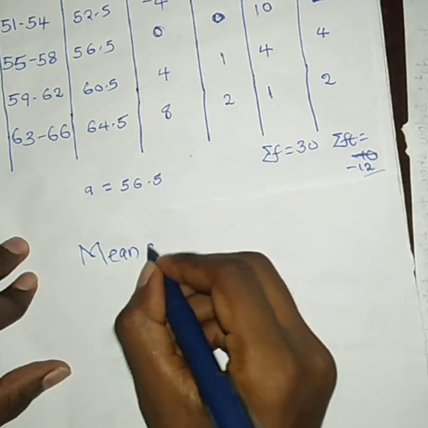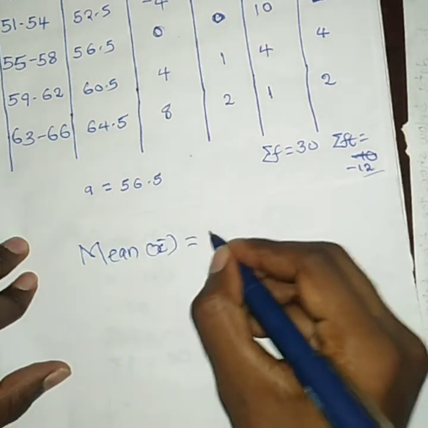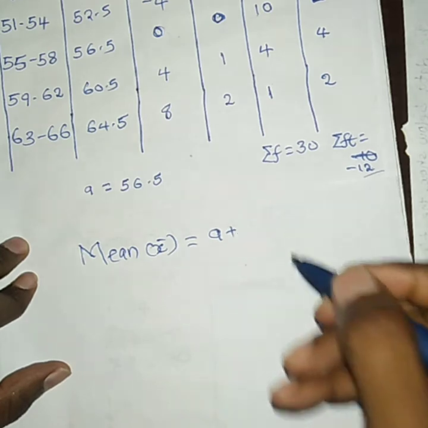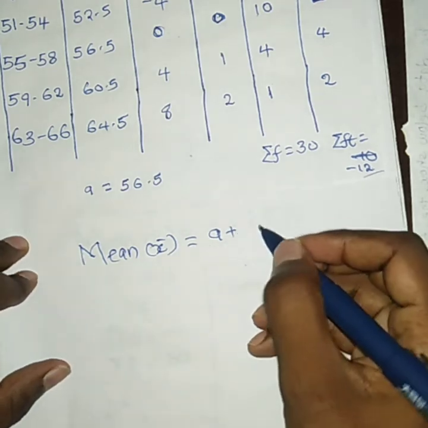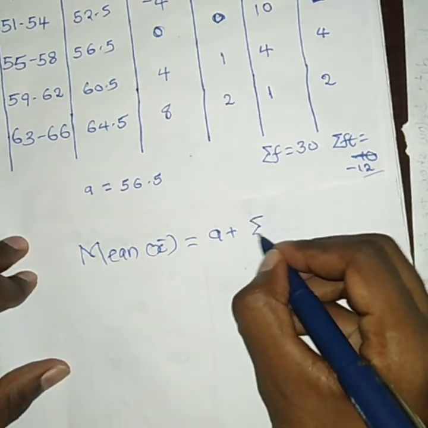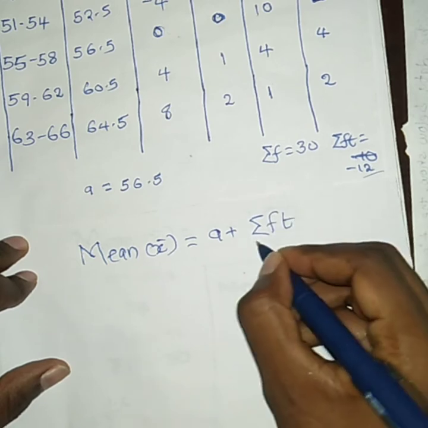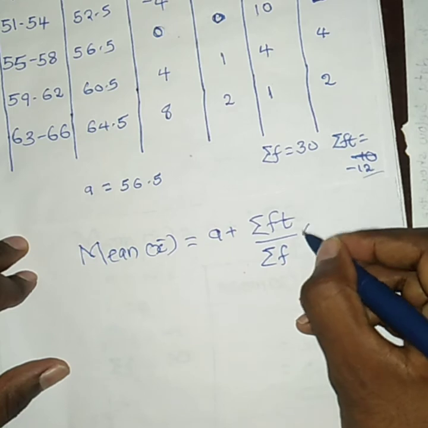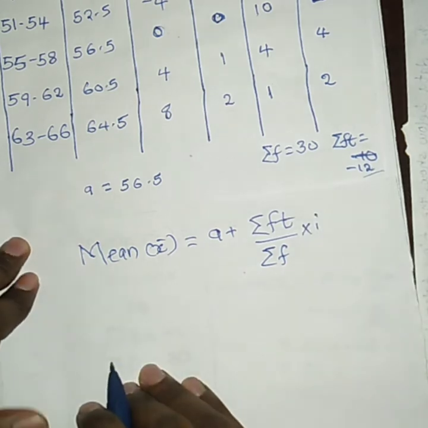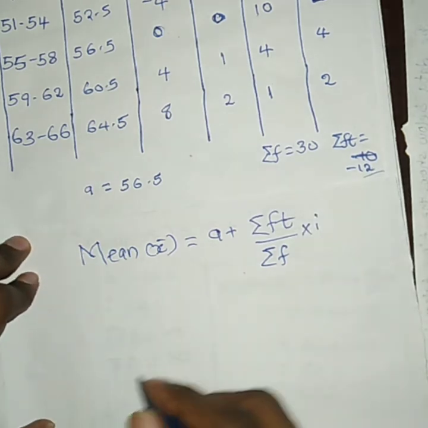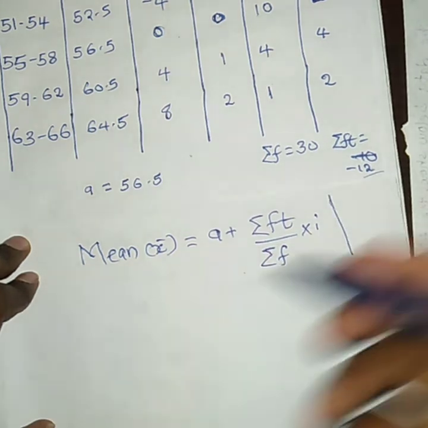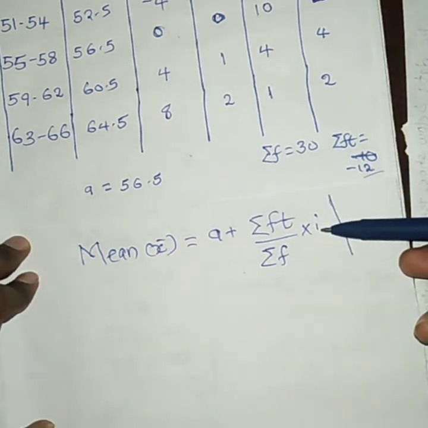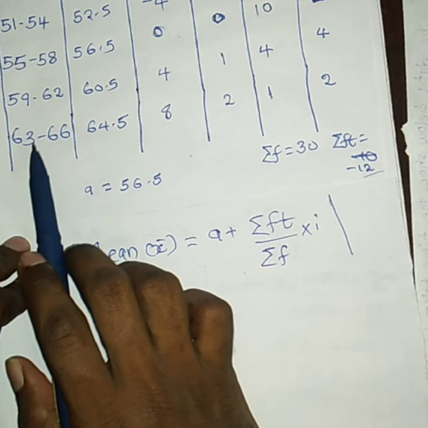Mean, x bar, is equal to a plus summation of ft over summation of f, times I. And our I is the class interval.